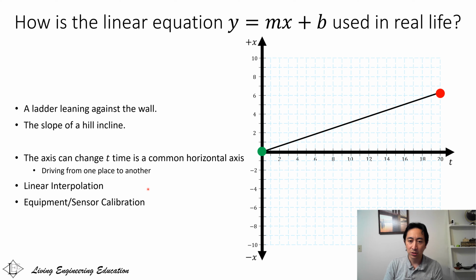Equipment and sensors often are calibrated using a linear approximation, at least in small ranges. So what does this mean? This means that, let's say that you have a thermocouple, a way to measure temperature. The sensor itself generally needs to be calibrated unless you have a handheld system that already calibrates for you. So a lot of times it does, but you want to check that. So you would need 2 points.